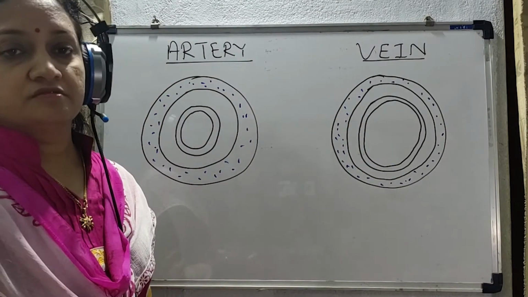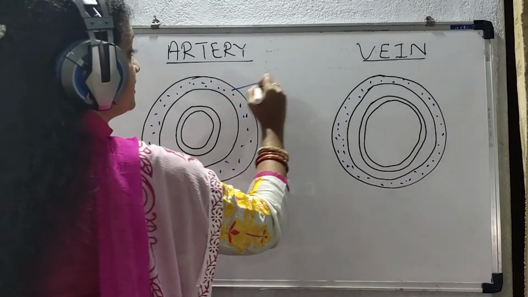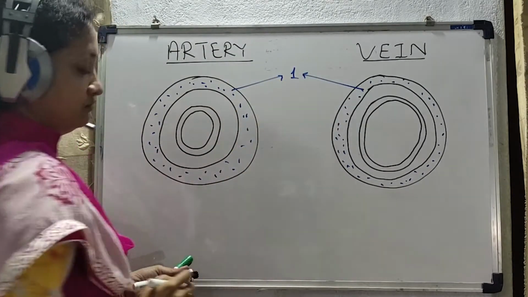This is the outermost layer of the artery and the vein, so we will put it as number 1.